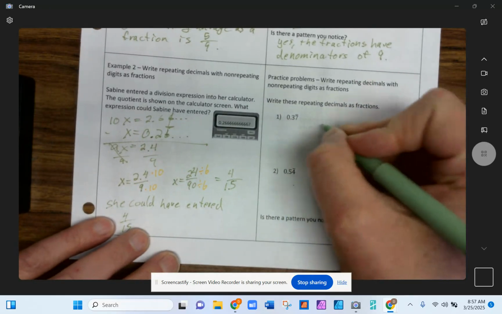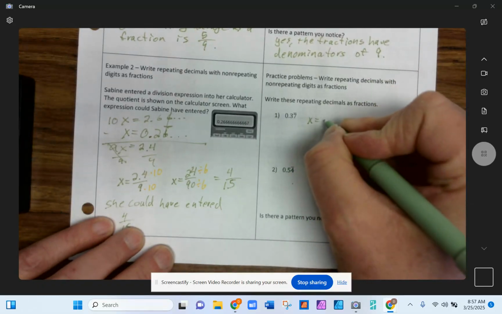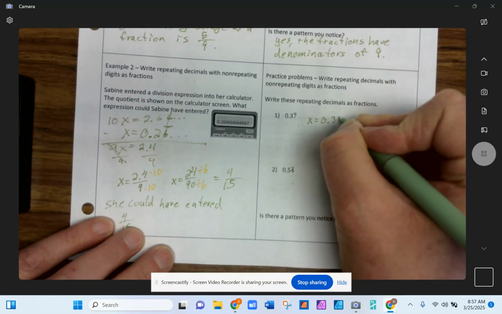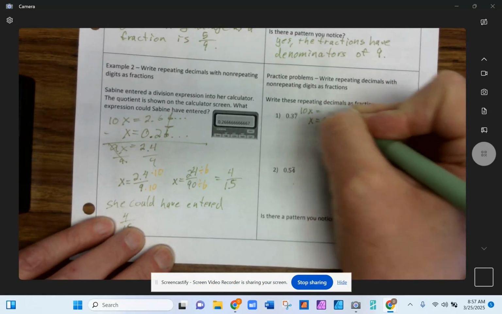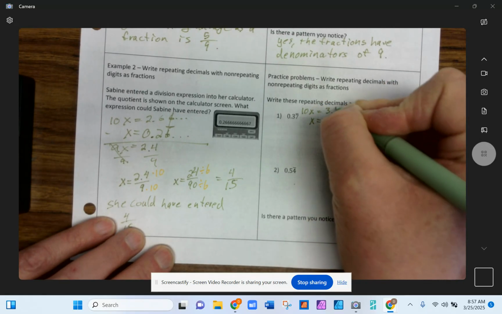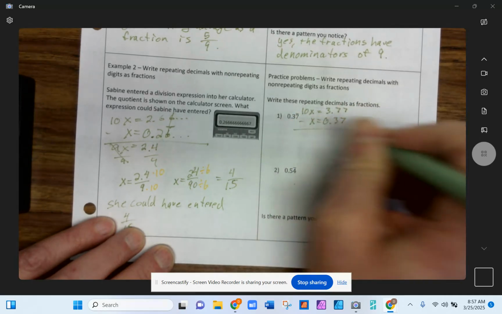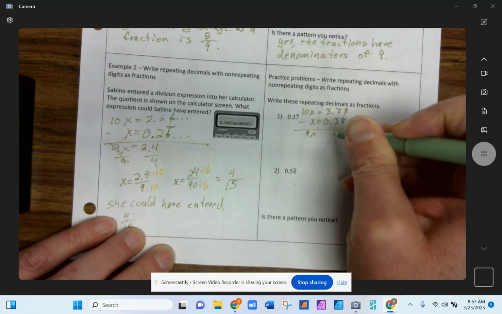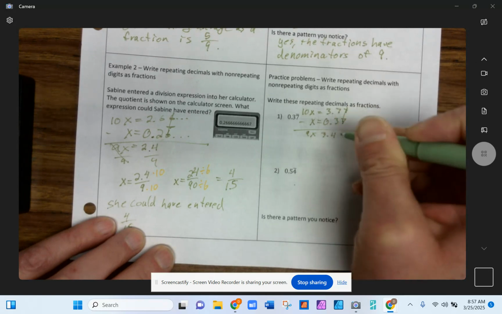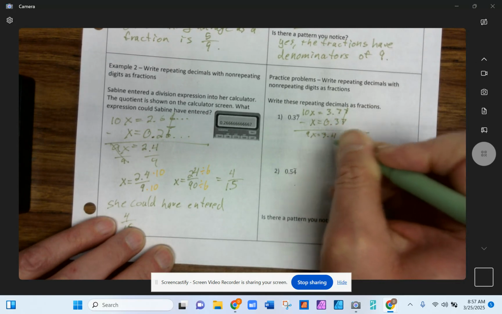So this becomes x equals 0.37 repeating. And then we'll multiply by 10 on both sides. We get 10x equals 3.77 repeating. So then we subtract to get to 9x. Those cancel. 7 minus 3 is 4. And so we've got 9x equals 3.4.